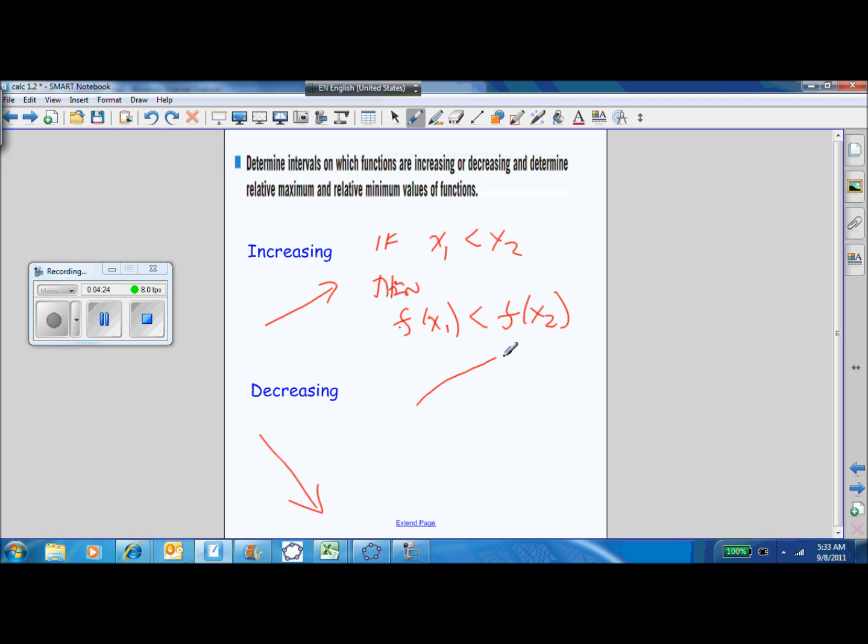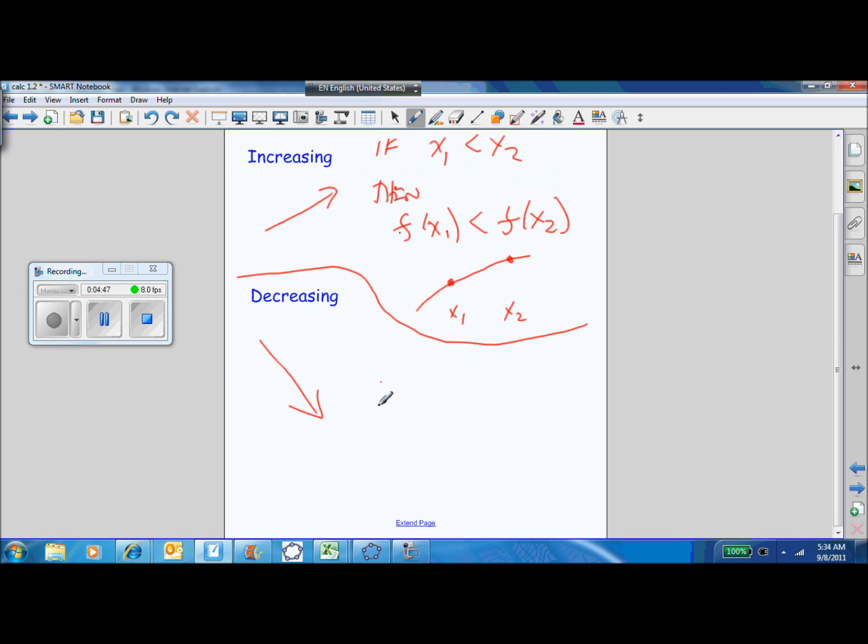This is increasing over the entire interval because no matter what I pick for x1 and x2, if x1 is less than x2, then f of x1 is less than f of x2. The y coordinates are less as well. Basically, the idea of increasing is that as you go from left to right, the values are getting bigger. In contrast with decreasing, if x1 is less than x2, as you go from left to right, the function's going down.